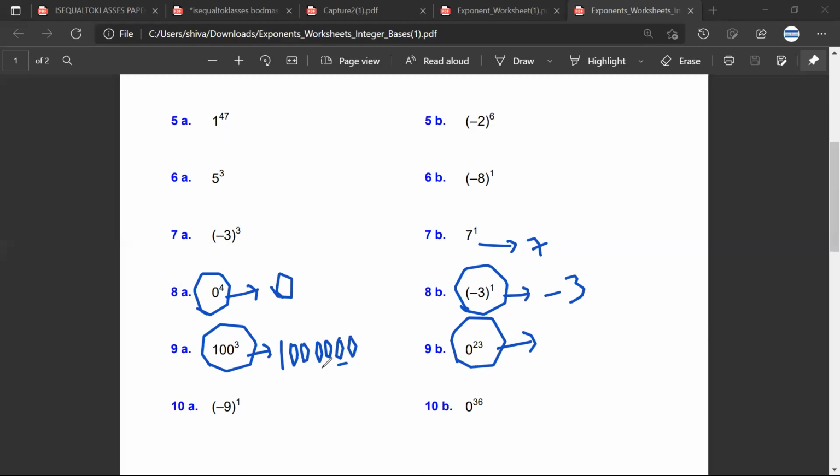Is it okay? Yes, sir. 9th B. 0. 10th A. -9. 10th B. 0. Any doubt? No, sir.